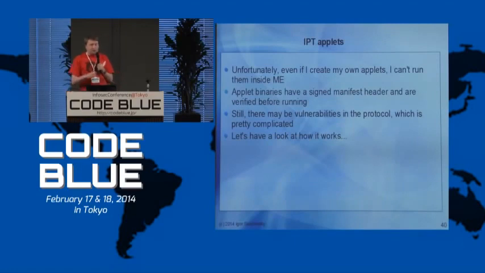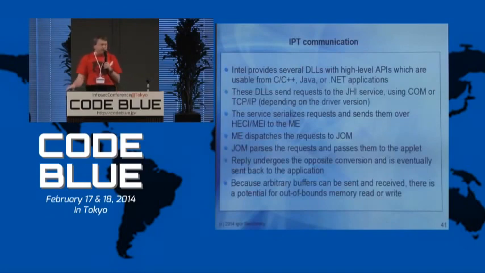However, because there are many layers in this component, there may be some vulnerabilities. So just a bit about how it works. Intel provides some DLLs that are used by the software which communicates with the ME, which uses this identity protection feature.